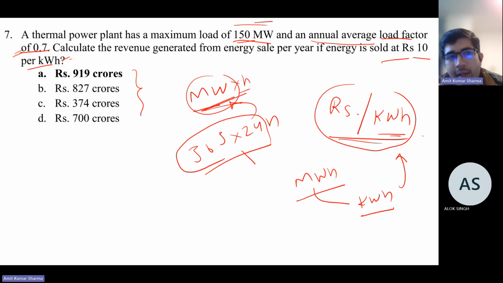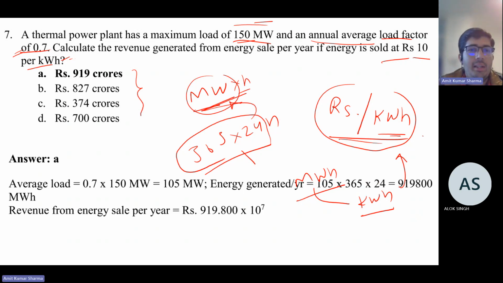So 919, I think this will be the answer from your answer, but it's in 919. So you have to convert into crores. Convert it and let me know the answer. Sir, 919.8. Yeah, nice. 919.8 crores. Very good.